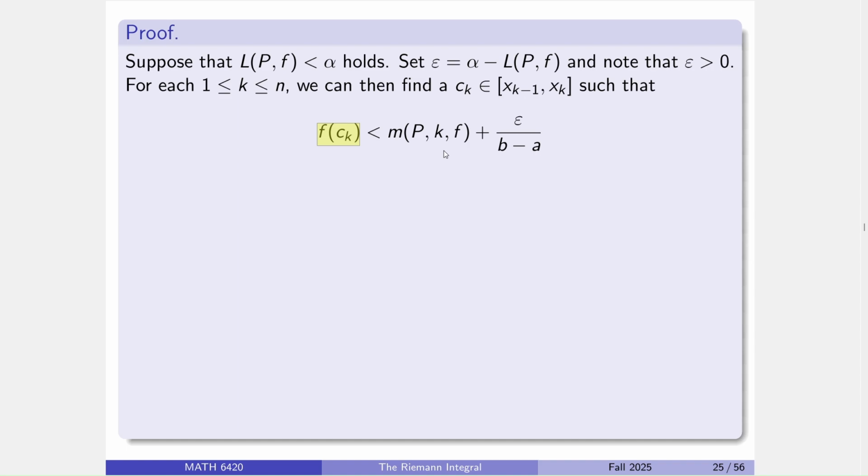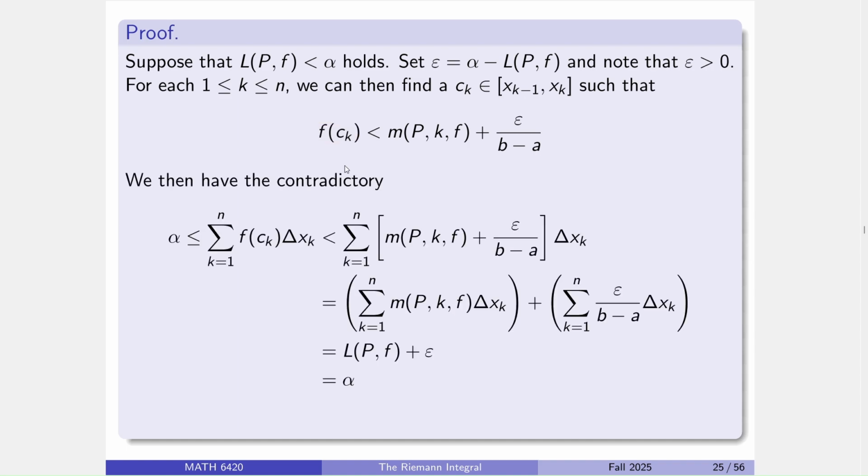And now, hey, what happens when I add all of these up? Well, we know that any of the Riemann sums is greater than or equal to alpha. Alpha here is the infimum of all the possible Riemann sums. But these Riemann sums were chosen so that they are always less than that. If we clean this up and distribute the delta x, you get this sum, which is the lower Darboux sum, and when you add up all of these, you get epsilon.